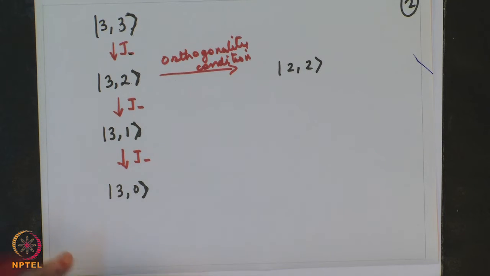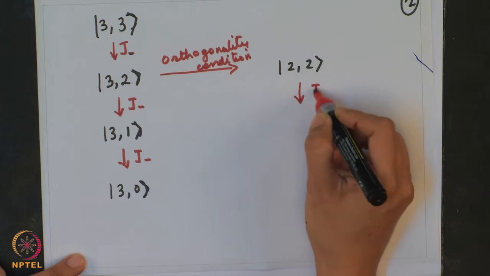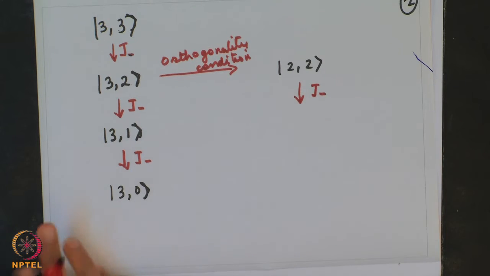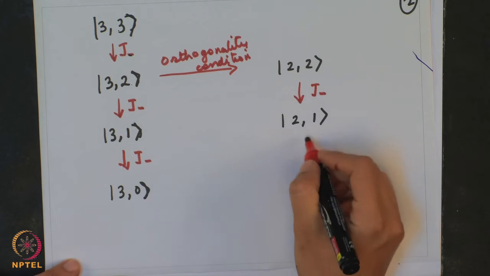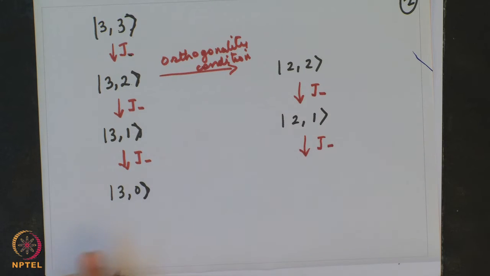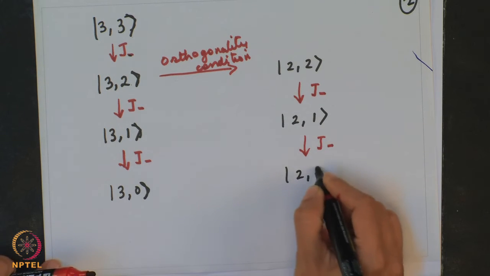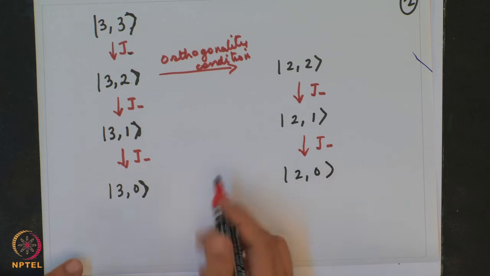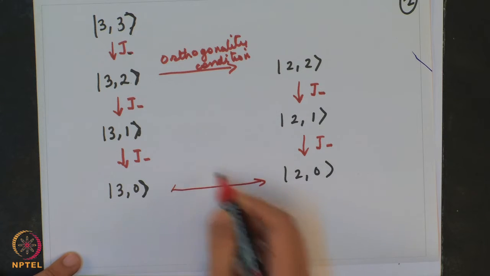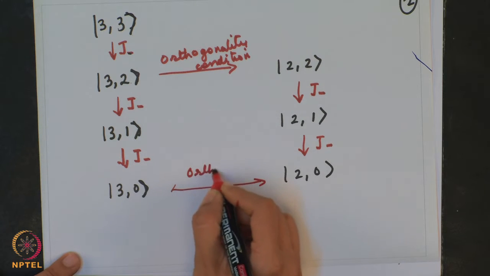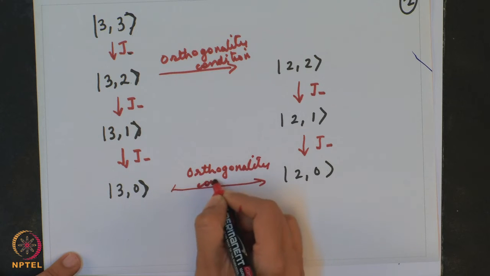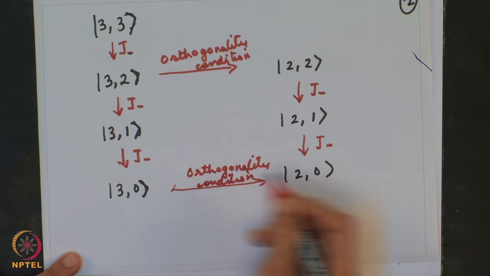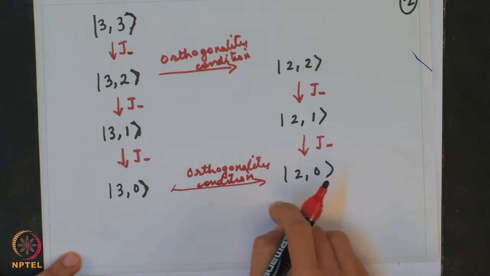Now, you go down the ladder, down to state 2 1, by applying the ladder operator J minus, again I obtain 2 comma 0. In this step again you can apply the orthogonality condition, okay, and go to the next state.